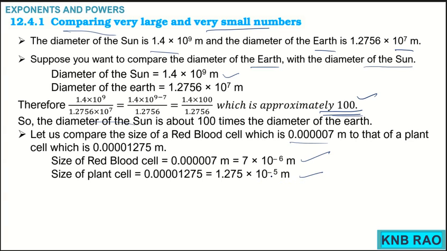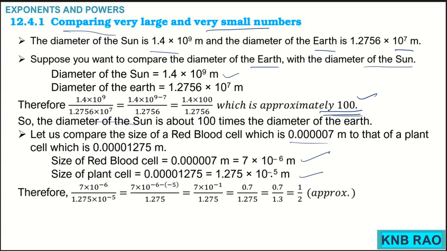Now you cross check them. When you are comparing, if you take the ratio of them, certainly you have the ratio being 1:2. So what does it say? The red blood cell is half of the plant cell. Why? Because if you take the red blood cell in the numerator and divide by the size of the plant cell, you are getting only half.